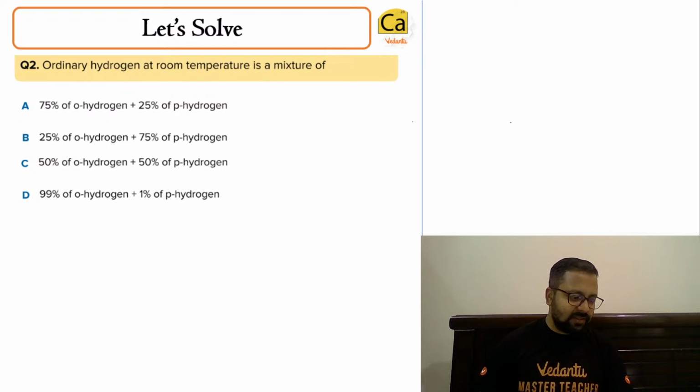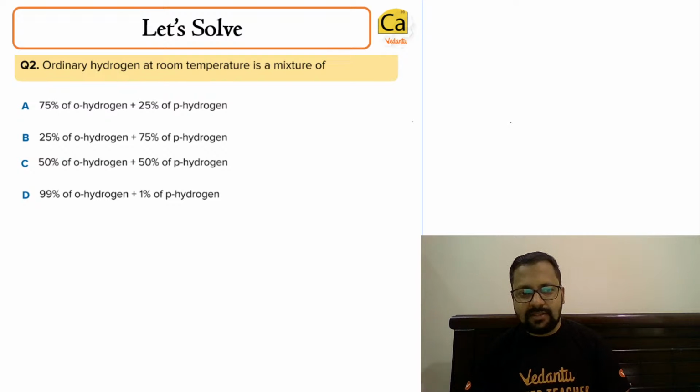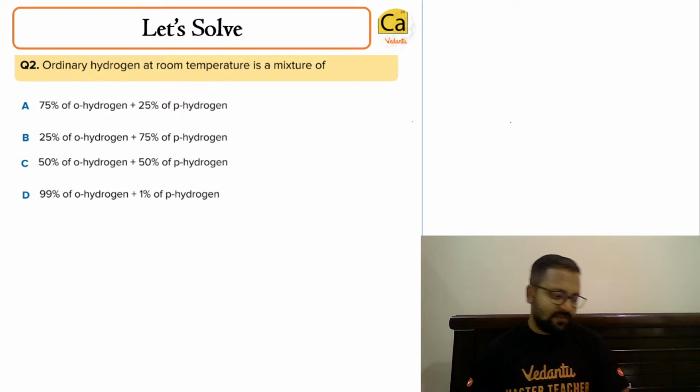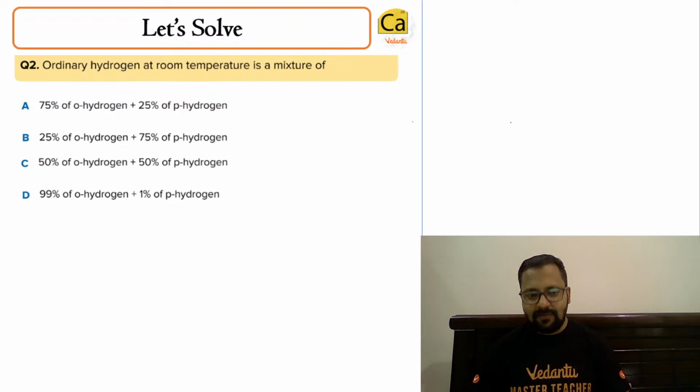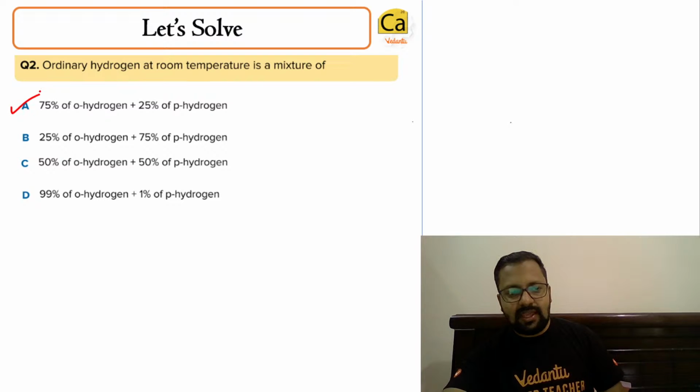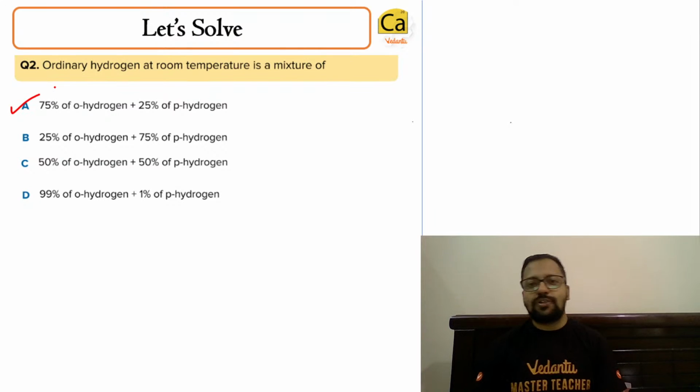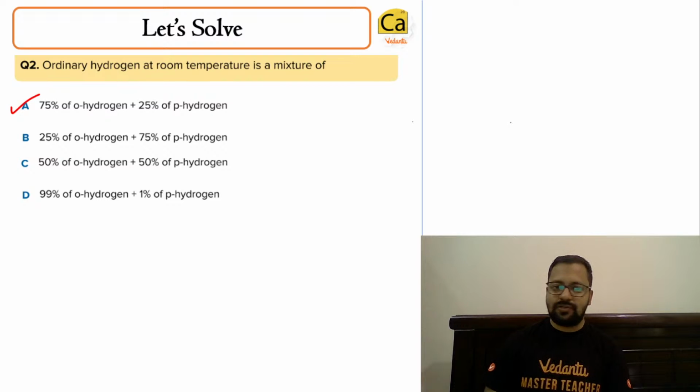Edwin, Vedant, John, Samuel have given the right answer. Very nice. The right answer is A: 75% ortho hydrogen and 25% para hydrogen. Clear? Very good. Satvik, D is incorrect.